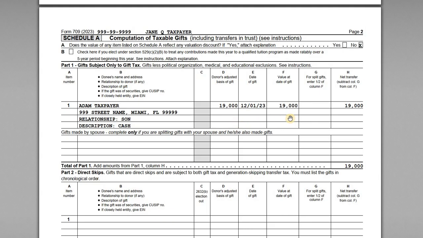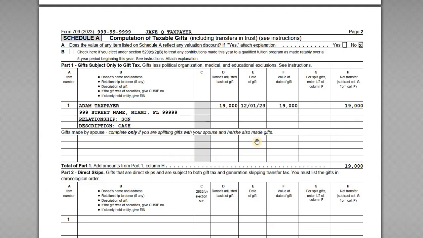If you contribute non-cash property, then you might have a variance between the value and the basis. That's often the case, but in this case, it's just cash, so the values are the same. The date of the gift was December 1st, 2023, and because we don't have a split gift issue, column H is simply the same amount, $19,000.